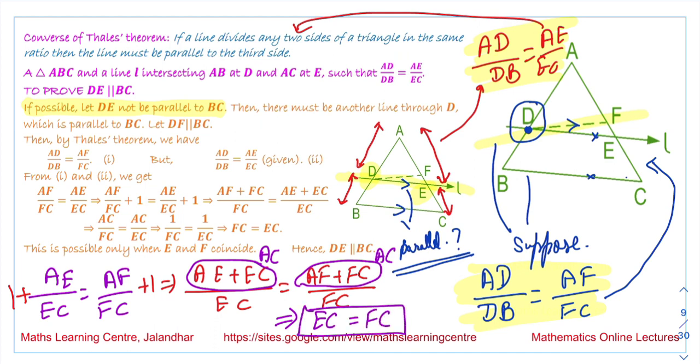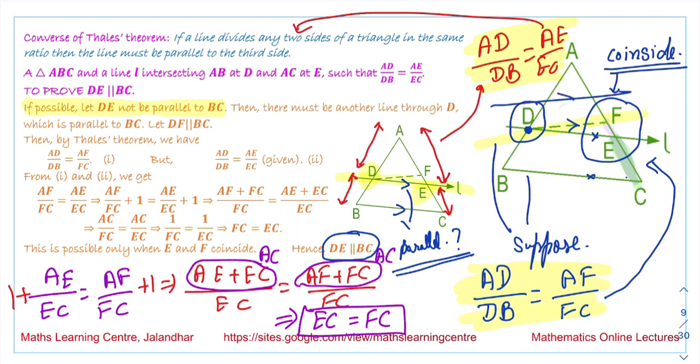So we are saying EC and FC, both these lengths are equal. Now this thing is possible only if E and F, these two points, coincide. If these two points coincide, only then this is possible. So what we get is that DE is parallel to BC. First, this line DF we have drawn is parallel to BC, it means this DE is parallel to BC.